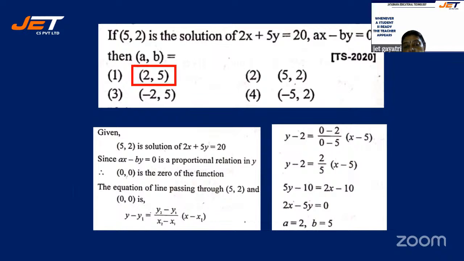So y - 2 = (y2 - y1), that is (0 - 2)/(0 - 5) into (x - 5). So when you solve this equation, we get the value of a as 2, b as 5.